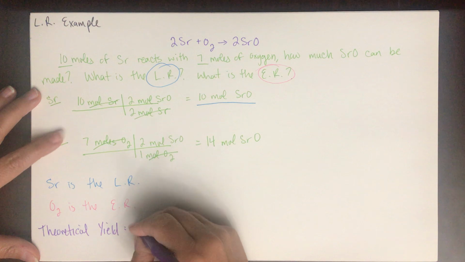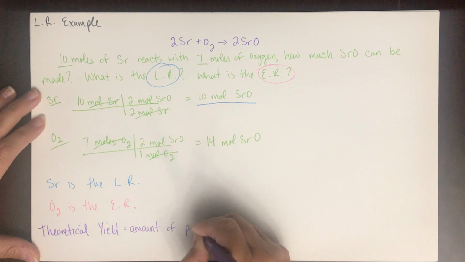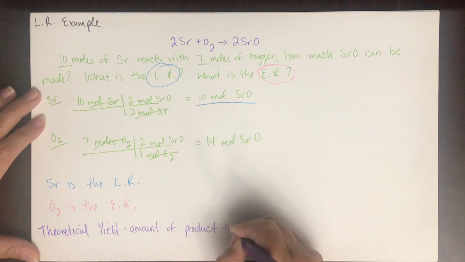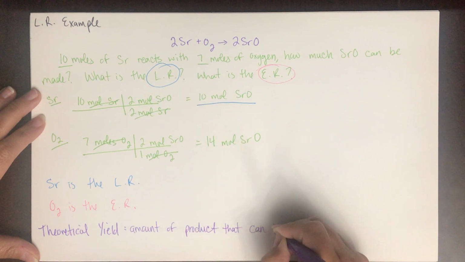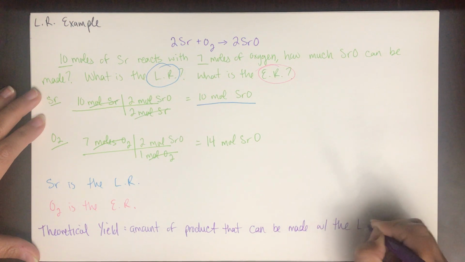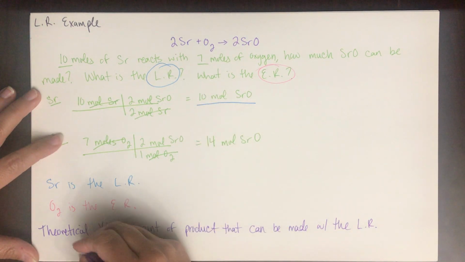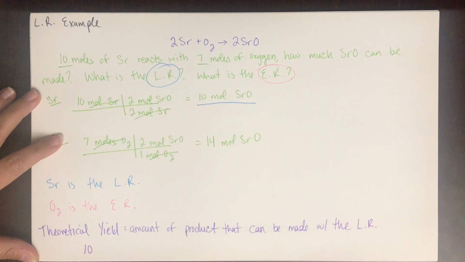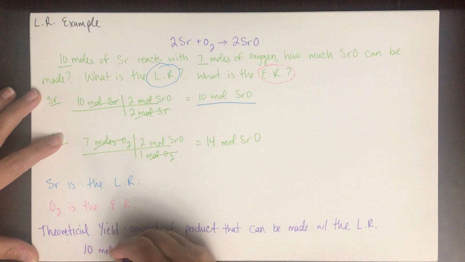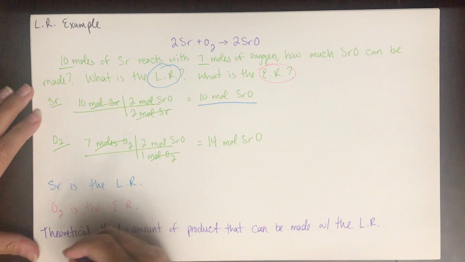The theoretical yield is the amount of product that can be made with the limiting reactant. So here, the theoretical yield of this problem is 10 moles of strontium oxide. This is the theoretical yield.